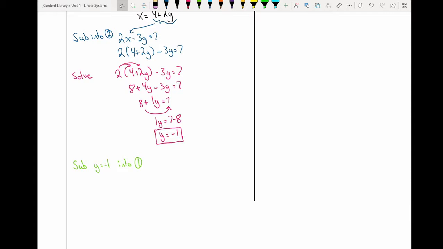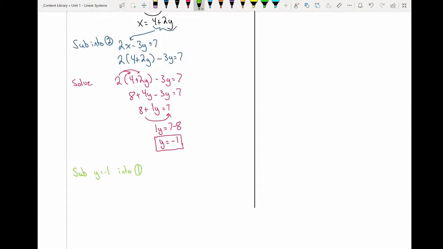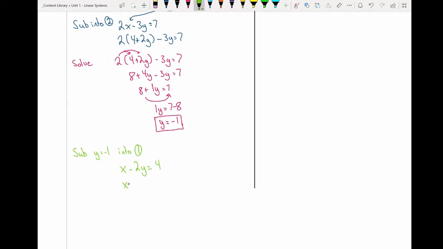So if I start with my equation 1, which was x minus 2y equals 4, I get x minus 2 times -1 equals 4. So x plus 2 equals 4.